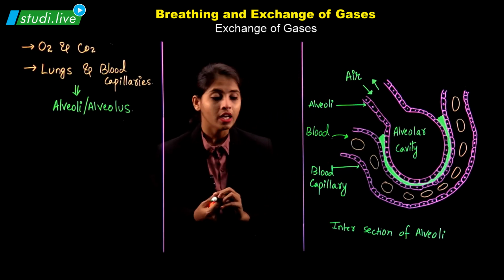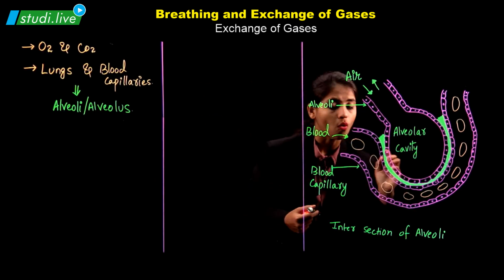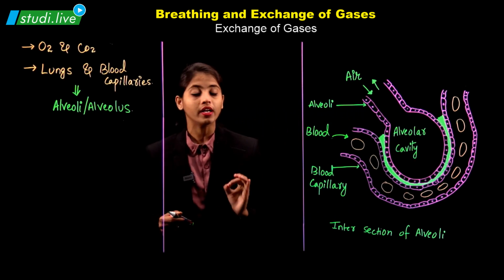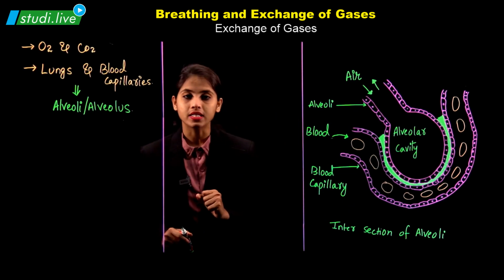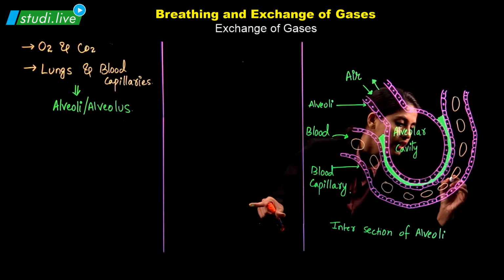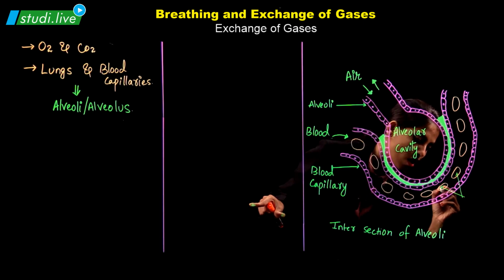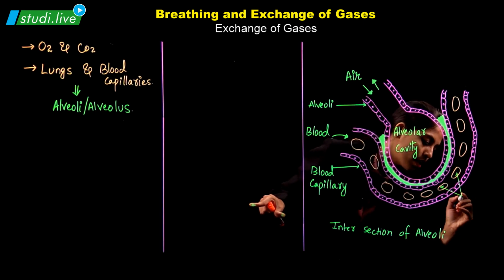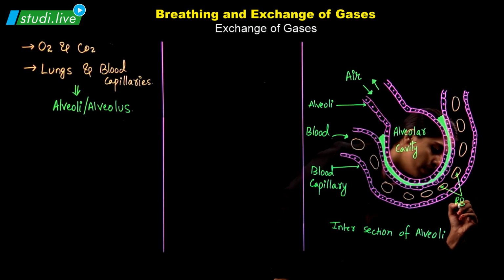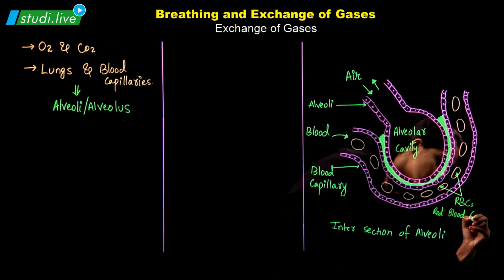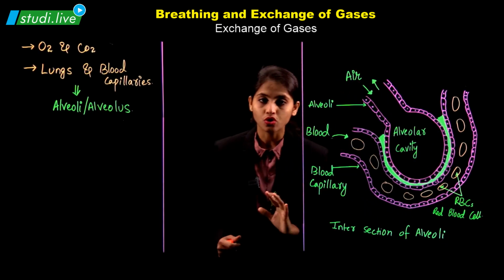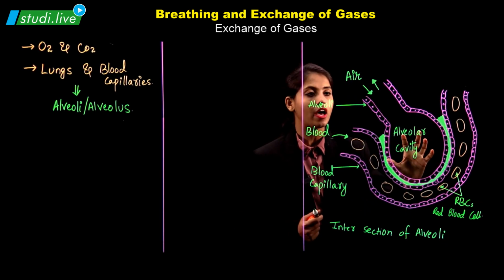Are you understanding? And what are these, student? What is the important constituent in the blood? The RBCs, right? They are called RBCs, namely red blood cells. You understood, student? Then what else do we have over here?